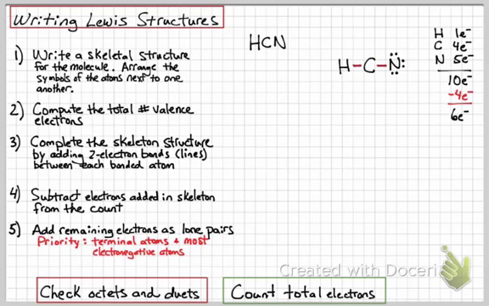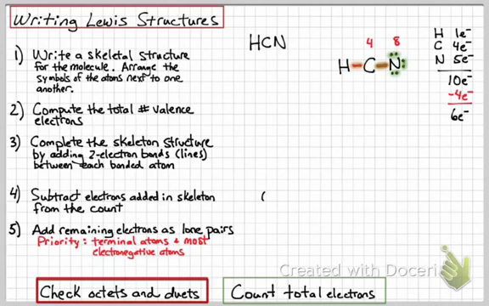Now, that leaves us with no electrons. If we check octets and duets, we find that nitrogen is great, it has 8, but carbon is deficient. It has only 4 electrons, and it needs an octet. It needs 8 to complete its valence shell.